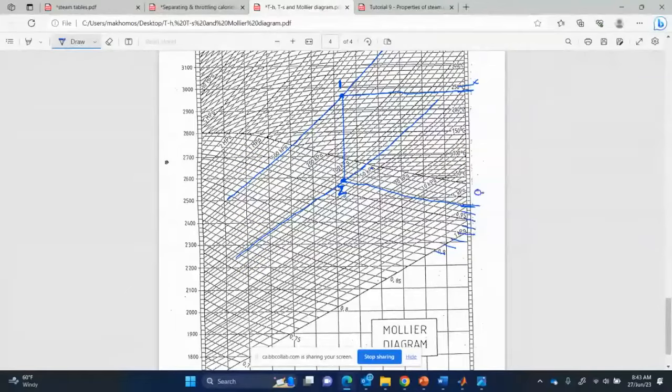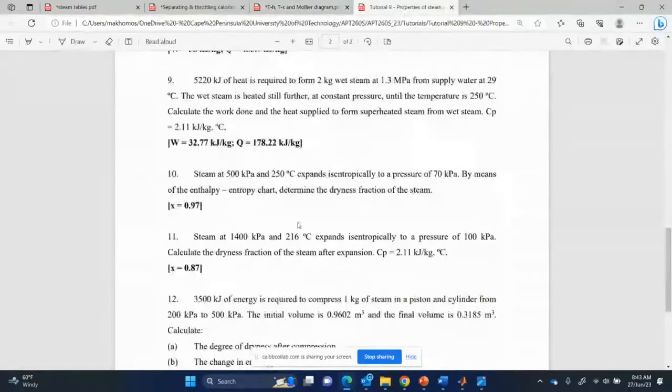So according to the information given, the dryness fraction when the steam expands from 500 kPa and 250 degrees Celsius to 70 kPa is 0.97. And then we go back to our question and check if the answer is correct. Here is 0.97. Some of you will say 0.96. I still give you the answer because it's very close.